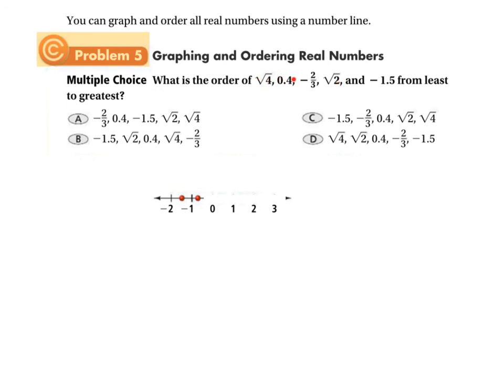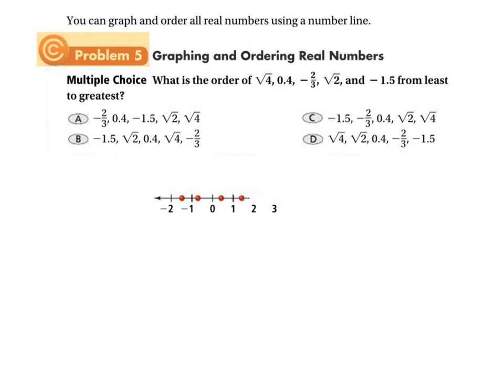Well, 0.4 is between 0 and 1. So I know that there's going to be a point there between 0 and 1. And I also know that this square root of 4 is exactly 2. So I'm going to have a point right there at 2. And square root of 2, just like we were estimating, is between the square root of 1, which is 1, and the square root of 4, which is 2. That's going to be between 1 and 2.